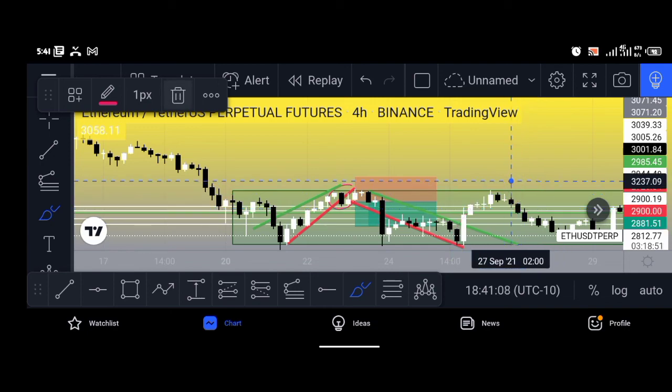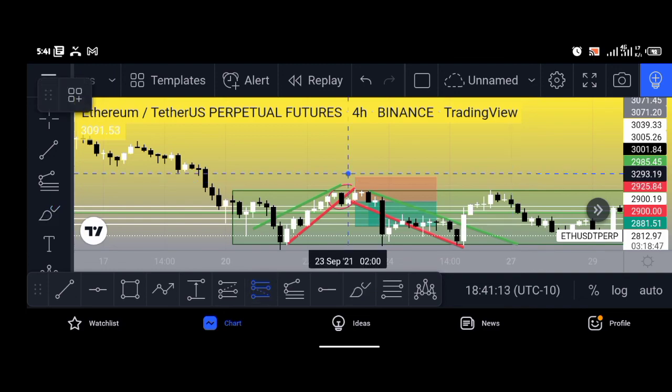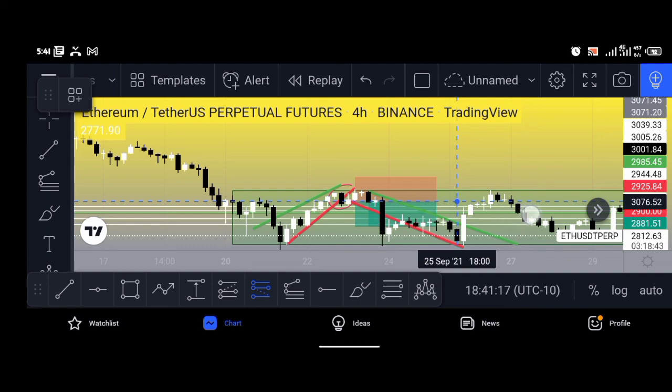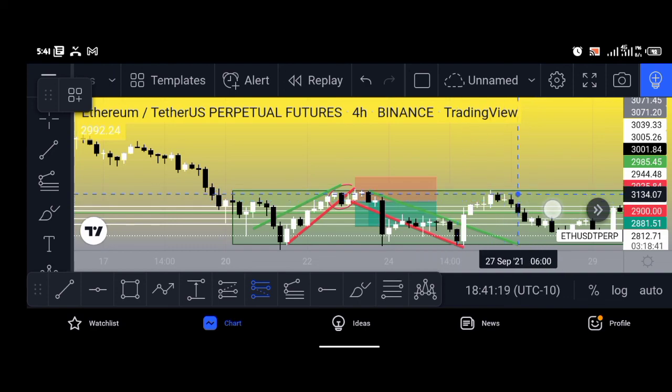So the reason for me entering this market is the formation of this harami pattern, that is the inside bar. Because this black candle here is inside the white one.